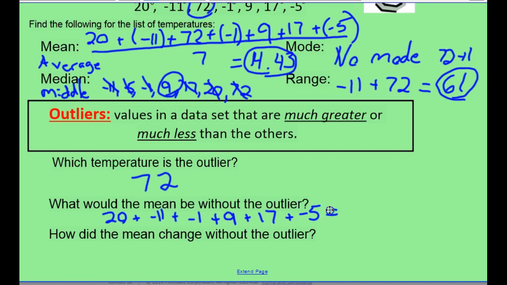So if we added those all together, we get 29. So 29, we have to divide that by how many numbers we have. We have 1, 2, 3, 4, 5, 6. 29 divided by 6 gives us 4.83.